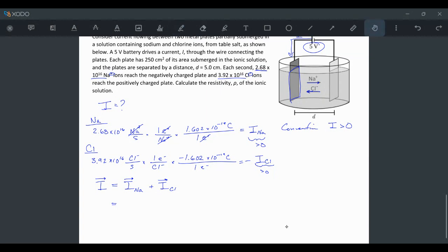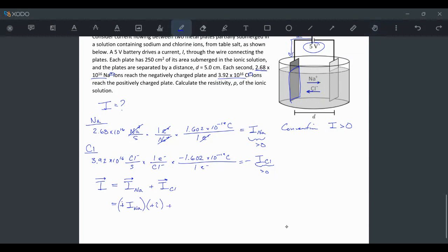So we're going to write down a vector for whatever current is carried by the sodium. It's a positive charge carrier. It has a magnitude INA, which was what we used over here. And based on the arrow we have in our diagram, it's pointing to the right, so that goes in the positive I hat direction.